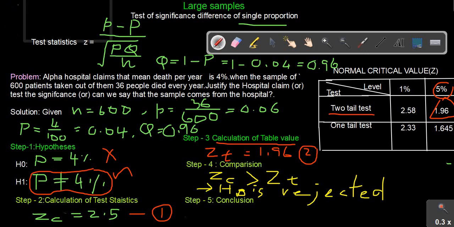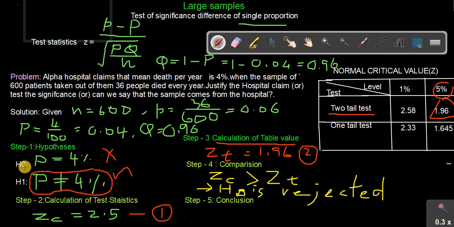So what is the meaning here? Our final conclusion is that the claim by the hospital is not accepted. H1 is accepted. That means H1, P is not equal to 4%, is accepted.